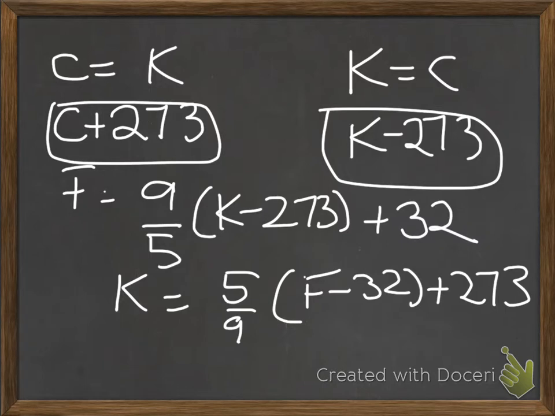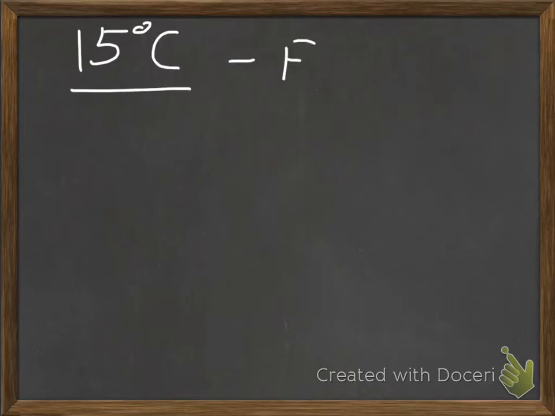So now let's move on to some numericals based on temperature. The temperature of a certain place is 15 degrees Celsius. Convert it into Fahrenheit and Kelvin.